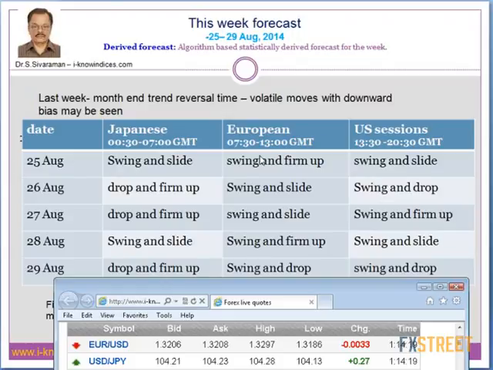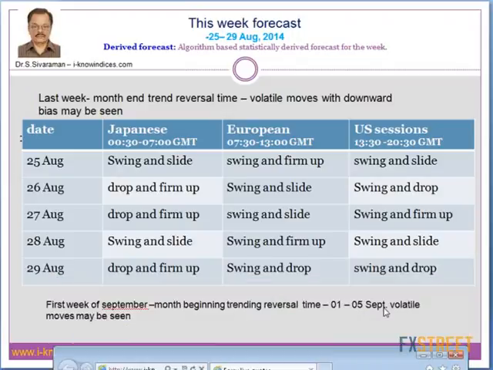And then later on, next week, that is the month beginning time, 1 to 5th of September, they will again try to make the volatile moves in the market in order to induce the traders to do sell and buy trade. They feel that the market might further come down, but the players silently absorb all that of the sells and slowly start making the upward trending move.